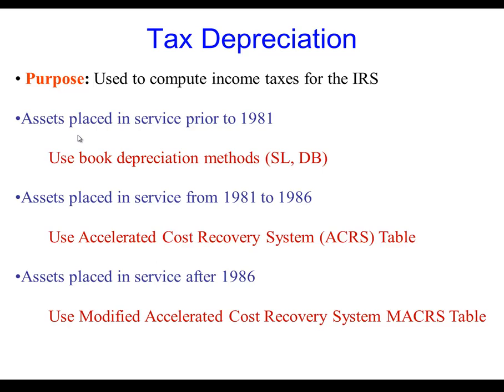While for assets placed in service from 1981 to 1986, we use the accelerated cost recovery system, or ACRS table. And for assets placed in service after 1986, we use the modified accelerated cost recovery system, which is the MACRS table.